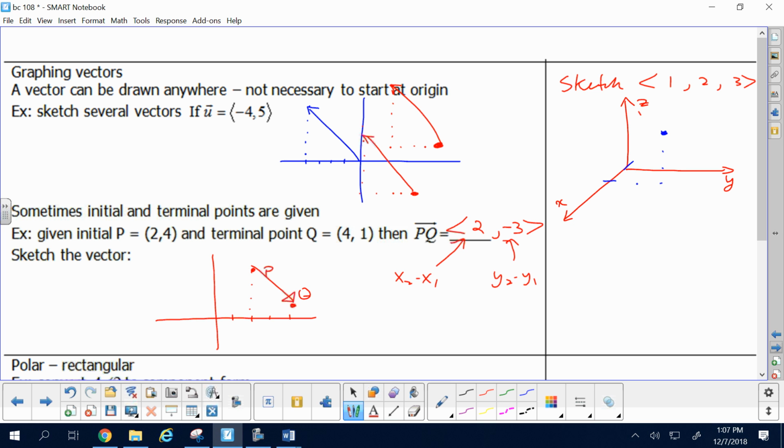Now, the problem then, if you were to draw that in 3-space, it's not really clear where the heck it is. So it's very common that when you do points and vectors, you draw a box around it. So let me go back and show you how this would typically be shown. You would go 1 and then 2. You could say then that that really kind of finds a point in the xy plane. You with me?